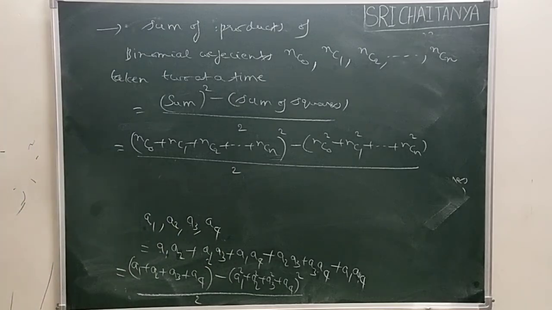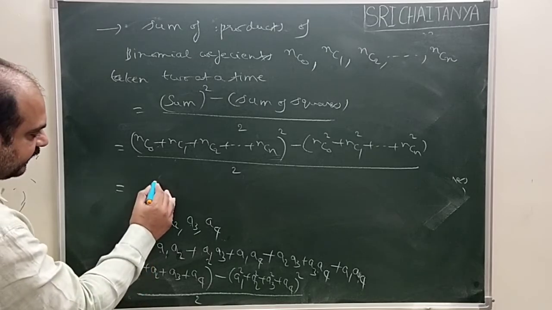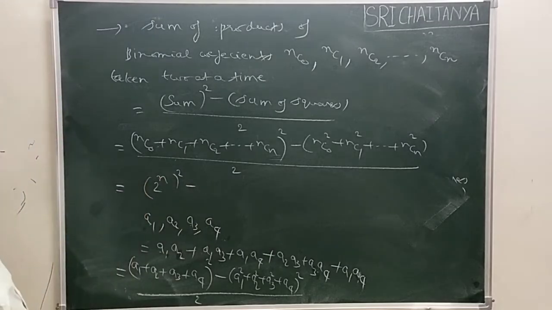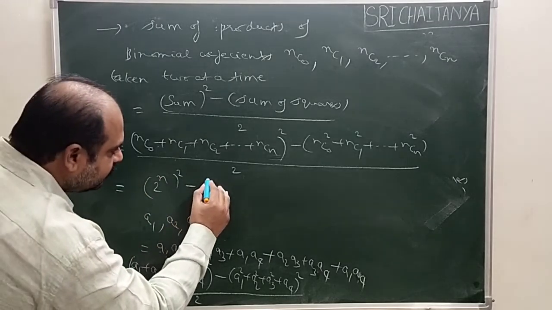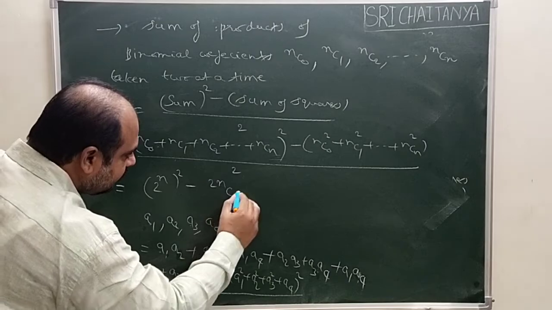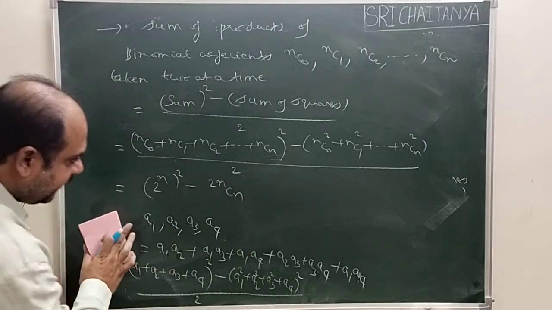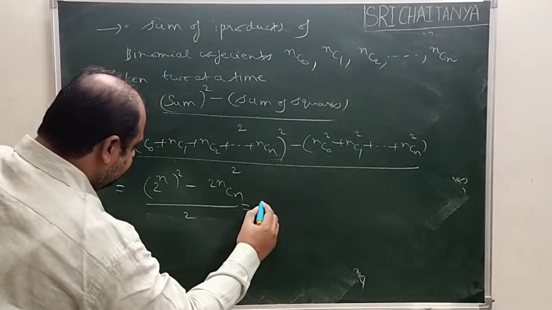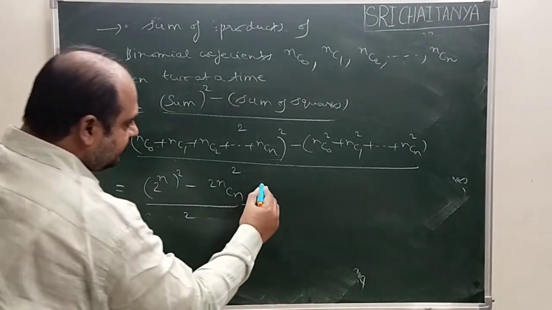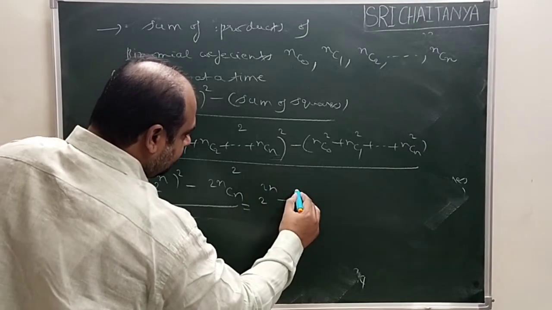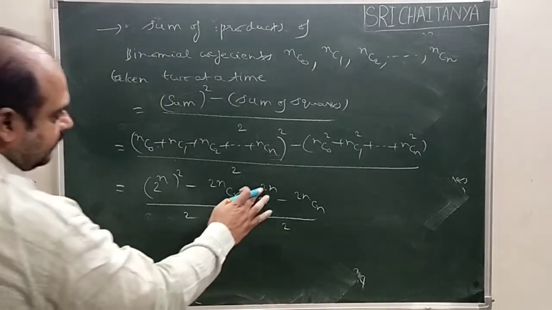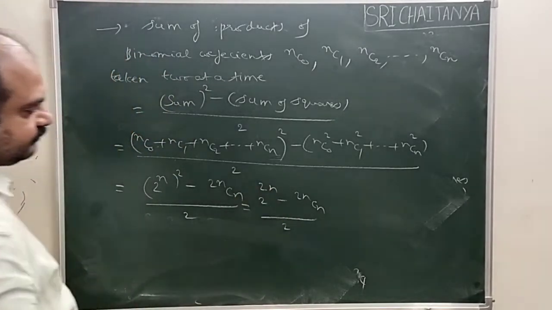This you know, that is 2 power n whole square. This is the formula: 2 power n whole square minus 2nCn, divided by 2. That means 2 power 2n minus 2nCn, divided by 2.